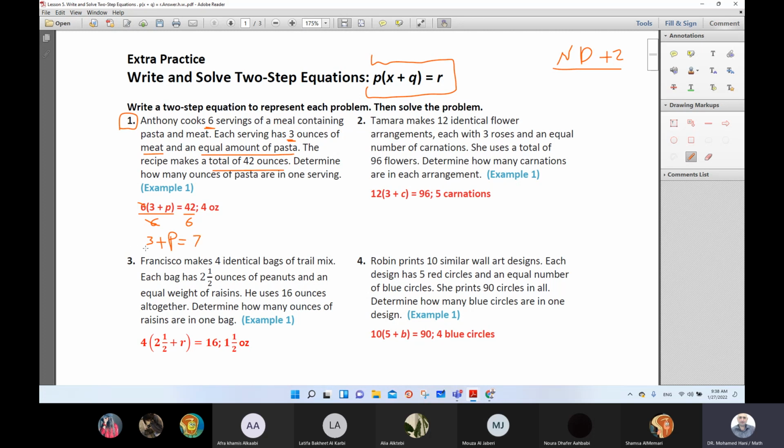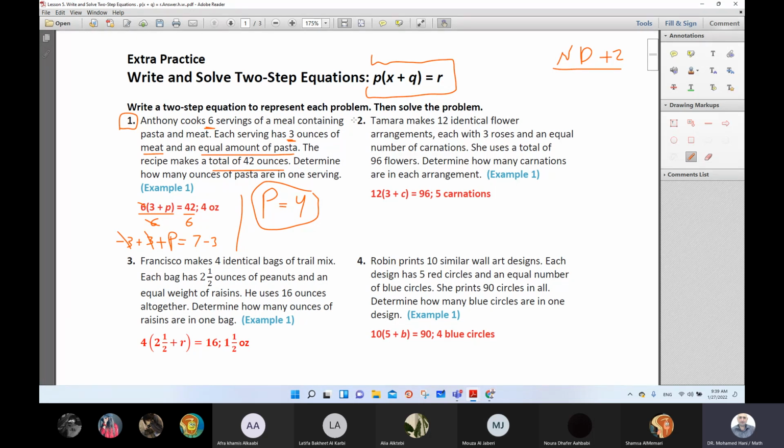Then try to remove 3 from this side. So you can subtract 3 from the two sides here. Minus 3 plus 3 will be 0, remains b. And on the second side, 7 minus 3 will be 4. So the value of b, or the solution of this equation, will be 4 ounces.